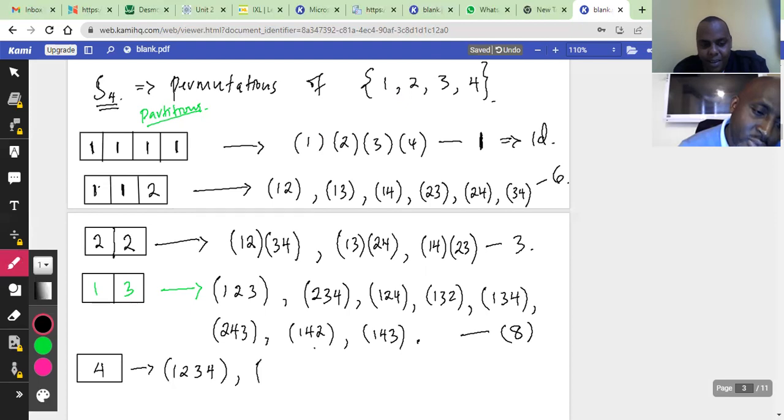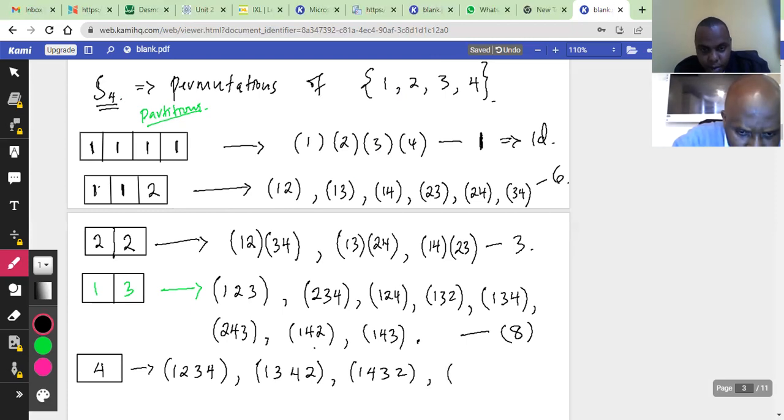The other one? 1 goes to 3, 3 goes to 4, and 4 goes to 2. Next, 1 goes to 4, 4 goes to 3, and 3 goes to 2.